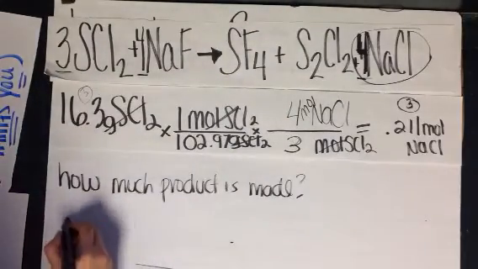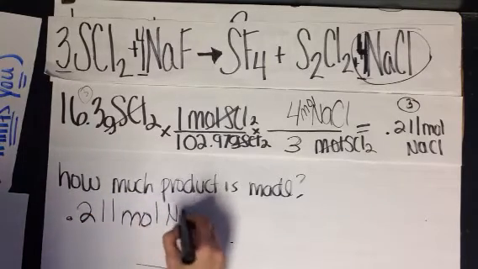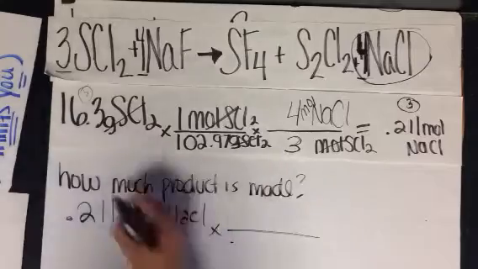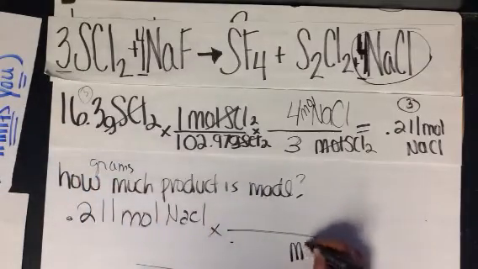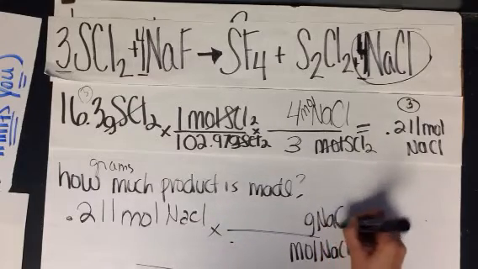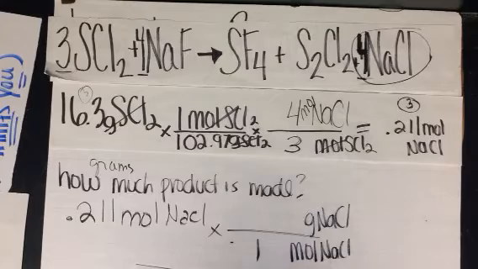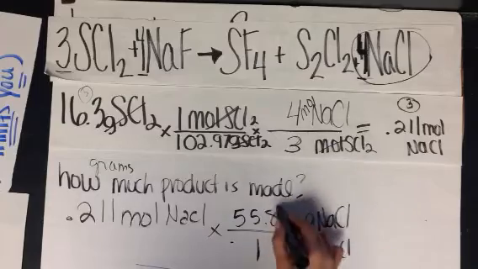So I start with my 0.211 moles of NaCl, and how much means grams. So now I just have to convert my moles of NaCl to grams of NaCl. 1 mole is equal to the molar mass. And the molar mass of NaCl is about 58 point something, let's say 58.